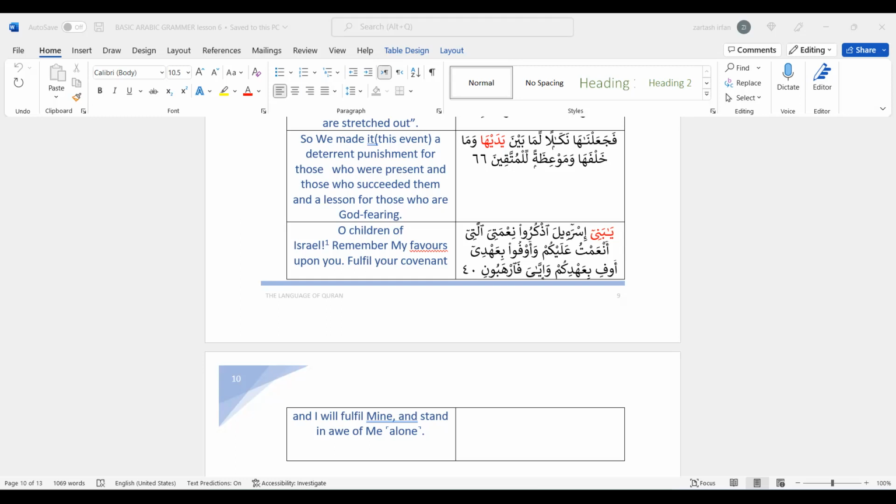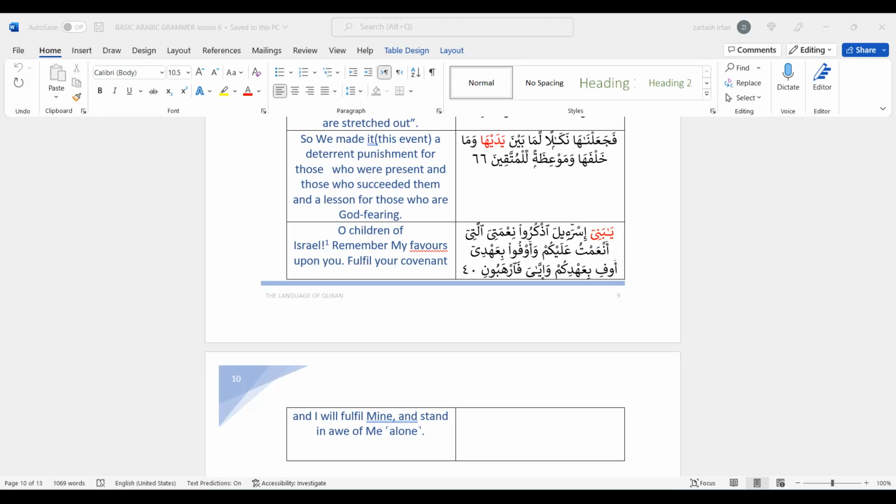Attach this ismul ishara to the mudaf and it becomes this shirt, of mine: this shirt of mine. The ismul ishara at the end is showing us that it is connected with the mudaf, right?